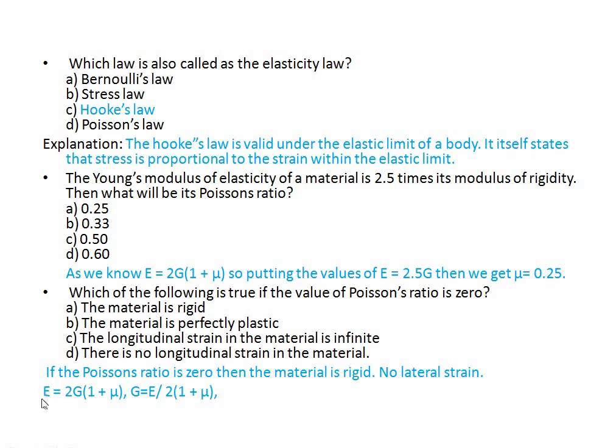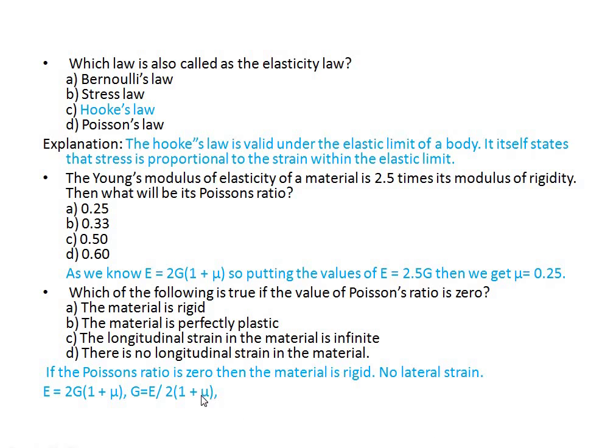So come back to the relation between E and G. If Poisson's ratio is 0, G is equal to E by 2 into 1 plus mu. So I have altered this equation in this manner. When I substitute this value as 0, for every material there will be a positive value of mu.